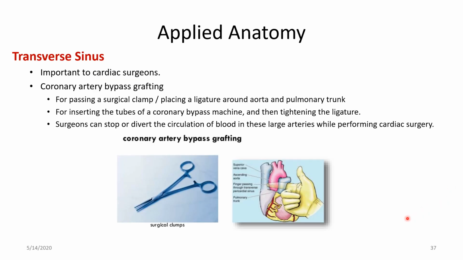Then regarding the clinical importance of transverse sinus of pericardium, which is important for the cardiac surgeons. In the case of coronary artery bypass grafting, they will be passing a surgical clamp through the transverse sinus or placing a ligature around the aorta and pulmonary trunk, so that they can insert the tubes of a coronary bypass machine and then tighten the ligature.